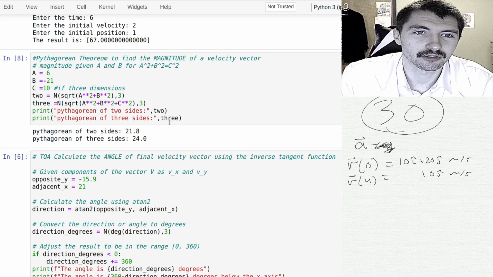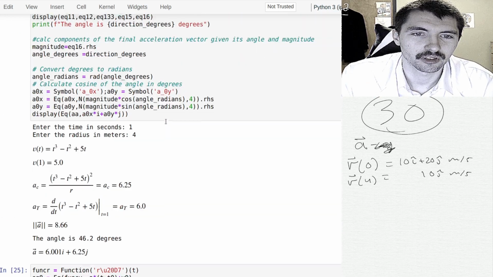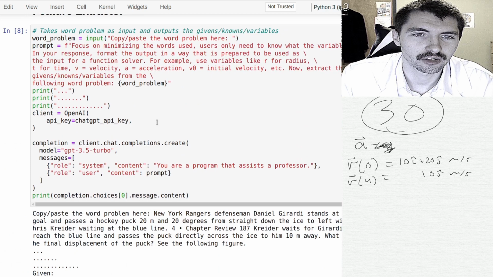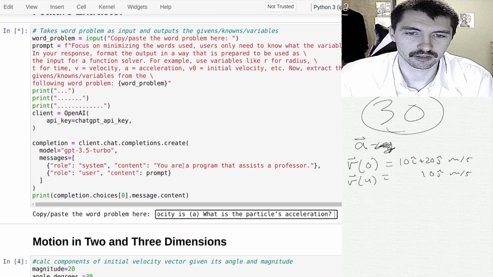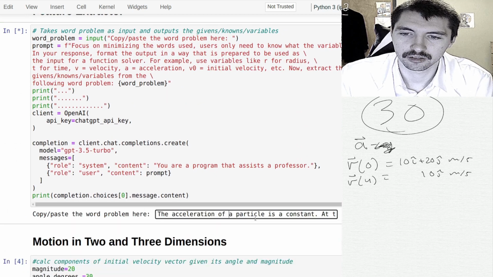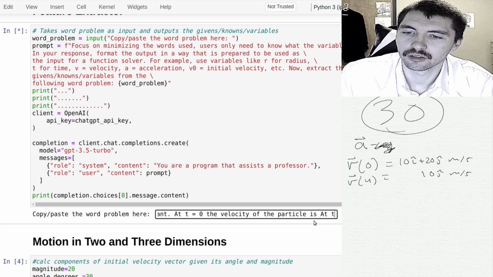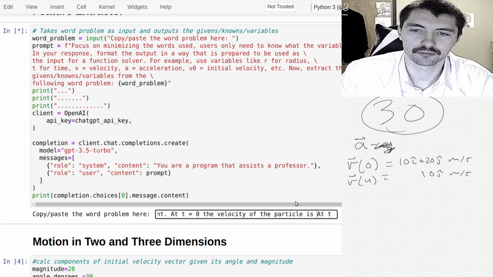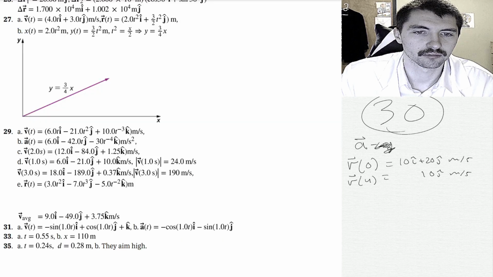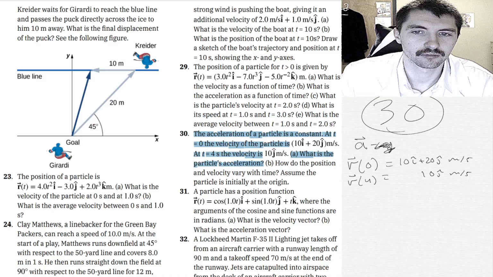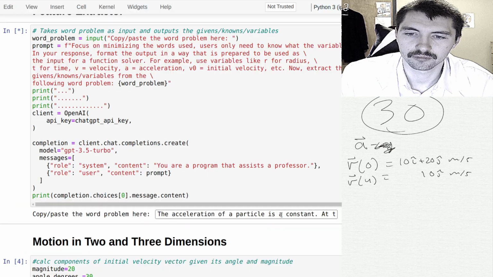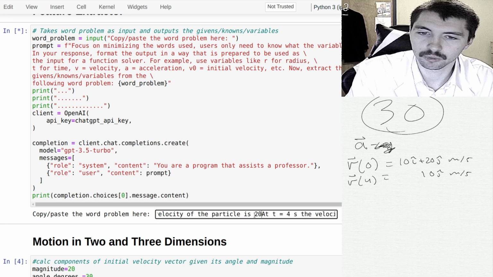Okay, so let's use our feature extractor. Twenty.